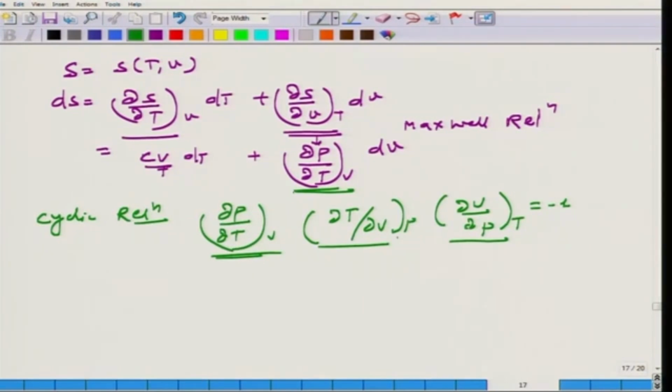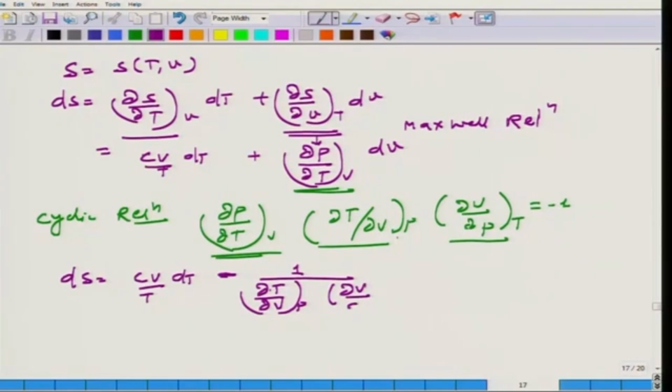So I can write this dS as Cv/T dT minus 1 by (∂T/∂V)_P. I can take this here in the numerator, and this can be written further as the following.